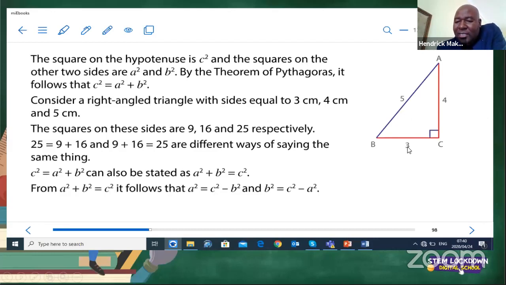And this side, which is opposite angle A, is small letter a. And the other side, which is opposite angle B, is small letter b.